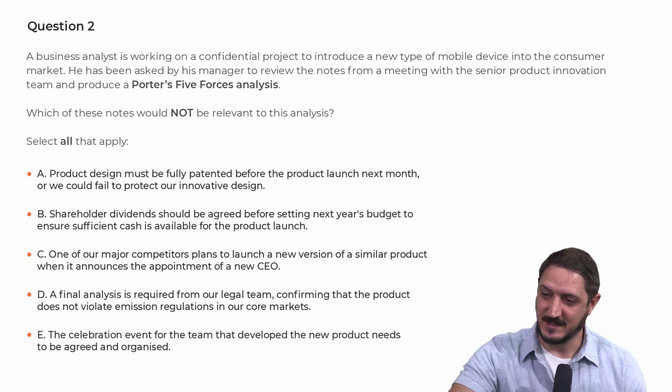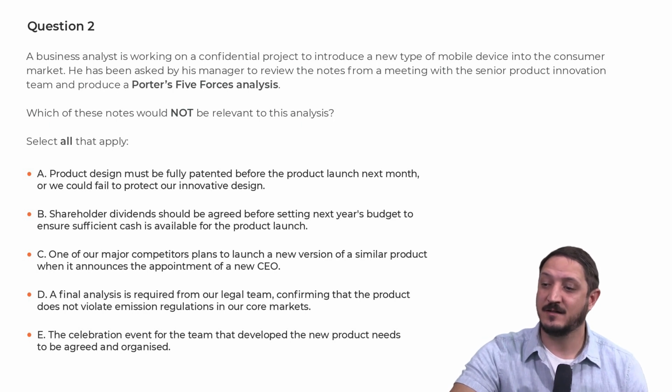So then if we look at D, it says a final analysis is required from our legal team, confirming that the product does not violate emission regulations in our core markets. Is this relevant or not? Well, it could be relevant to some form of this type of analysis, or possibly to threat of new entrants or substitute products.